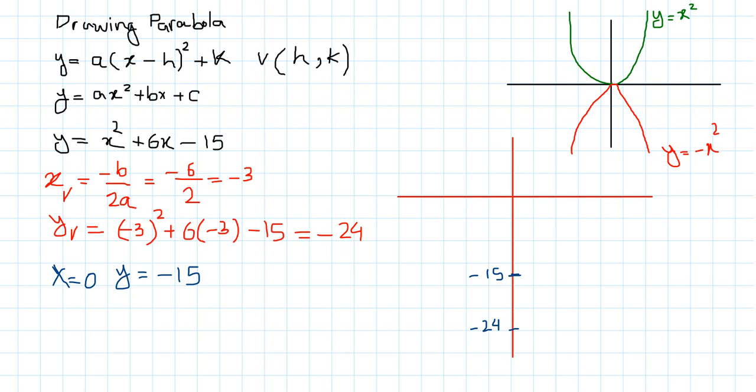The vertex is minus 3 and minus 24. Here is the vertex point, and it should intersect at minus 15. So draw it. It is my graph. Easily I can draw it.